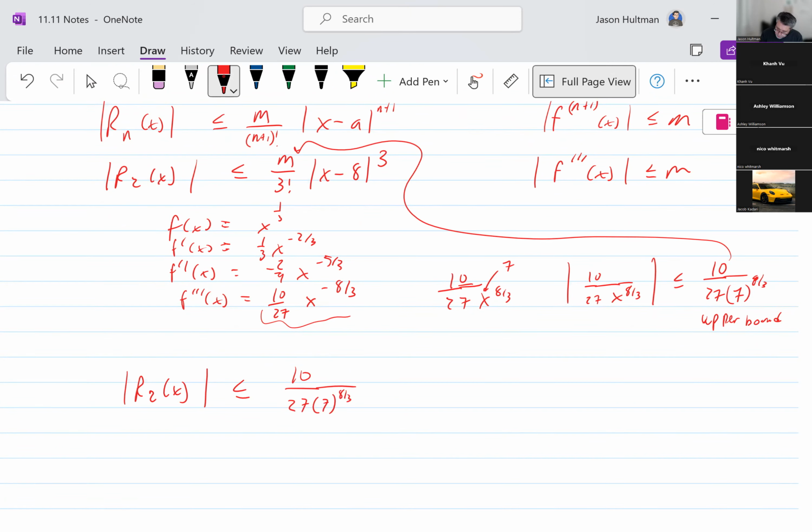I'm just going to multiply that by 1 over 3 factorial. Okay, divided by 3 factorial is multiplied by 1 over 3 factorial, which is 3 factorial is just 6. Okay, less than or equal to x minus 8 to the 3rd power.